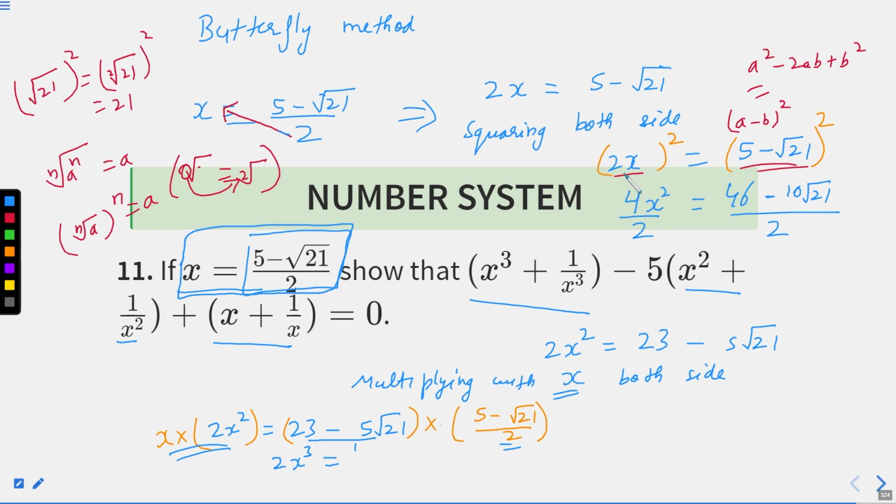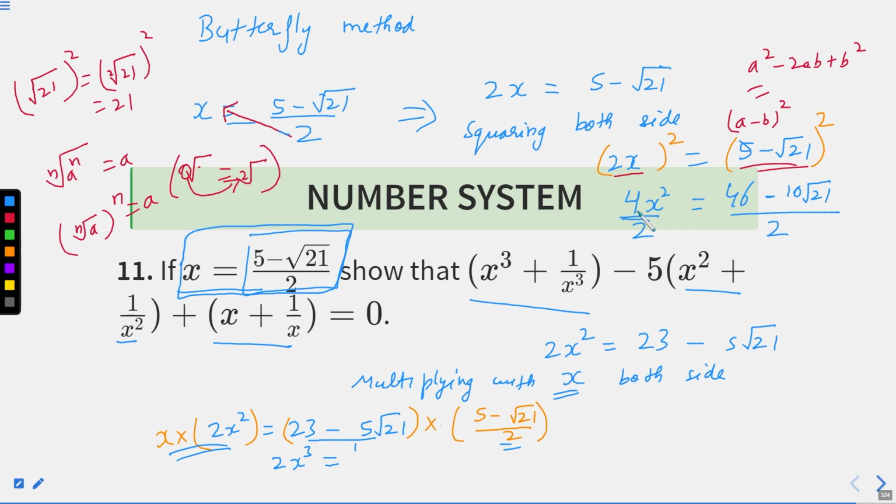So it will be 4x square, which is equal to 25 minus 10 root 21, and plus 21. Now I divided by 2 on both sides.